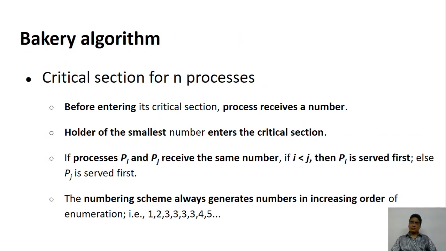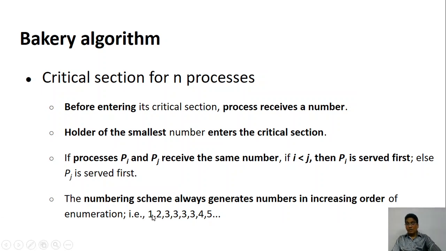Okay, so how does this bakery algorithm work? Before entering the critical section, every process has to receive a token number. Whoever has the smallest number will be allowed to enter the critical section. If two processes receive the same number, look at how the process IDs are generated.